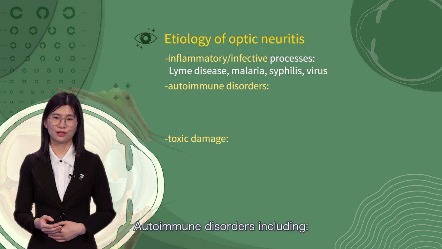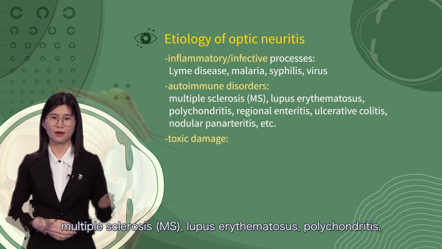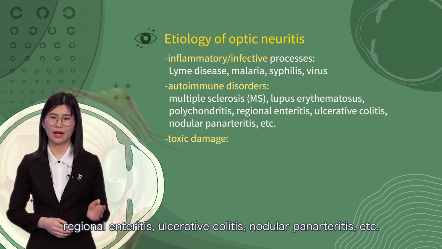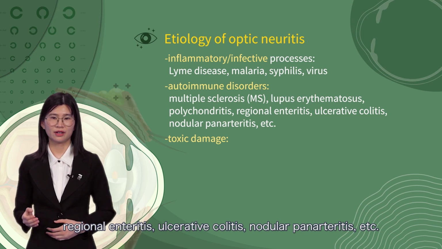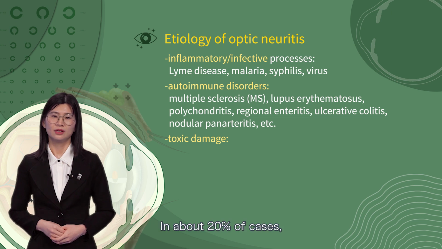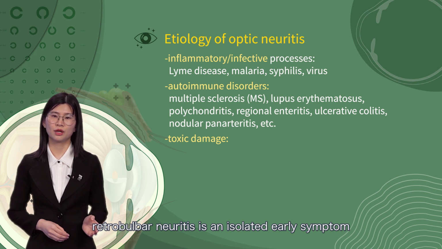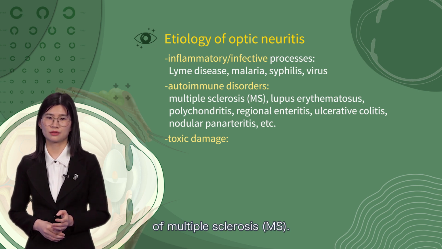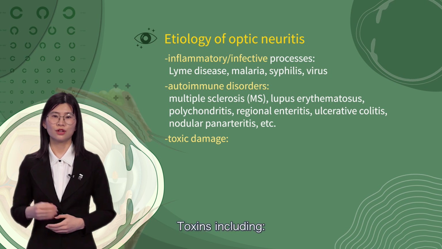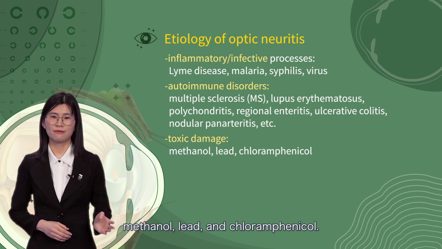Autoimmune disorders include multiple sclerosis, MS, lupus erythematosus, polychondritis, regional enteritis, ulcerative colitis, nodular panarteritis, etc. In about 20% of cases, retrobulbar neuritis is an isolated early symptom of multiple sclerosis, MS. Toxins include methanol, lead, and chloramphenicol.